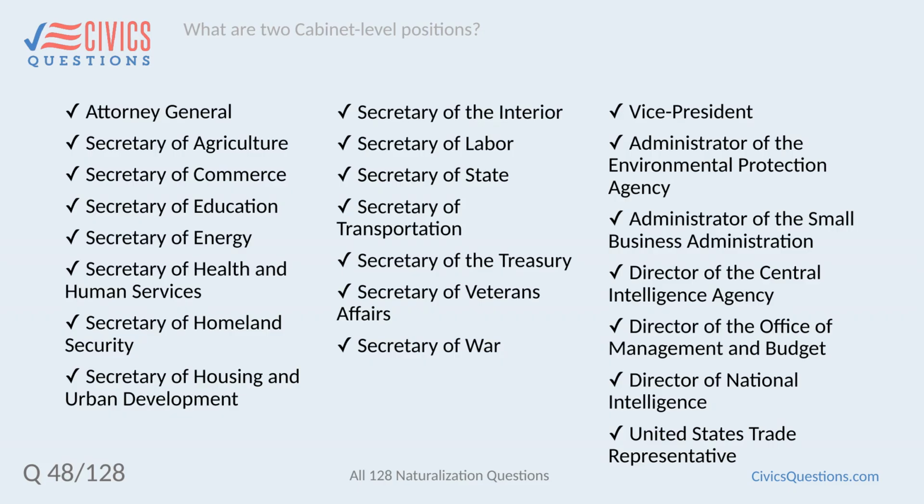Secretary of Homeland Security, Secretary of Housing and Urban Development, Secretary of the Interior, Secretary of Labor, Secretary of State, Secretary of Transportation, Secretary of the Treasury, Secretary of Veterans Affairs, Secretary of War, Vice President, Administrator of the Environmental Protection Agency, Administrator of the Small Business Administration, Director of the Central Intelligence Agency, Director of the Office of Management and Budget, Director of National Intelligence, United States Trade Representative.